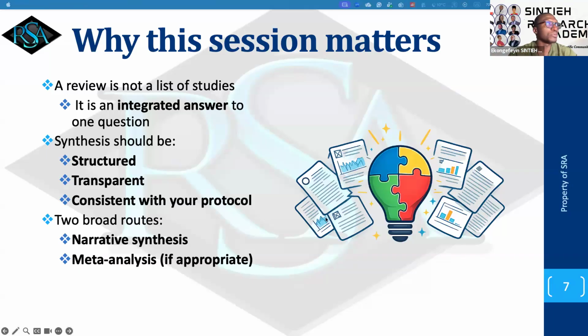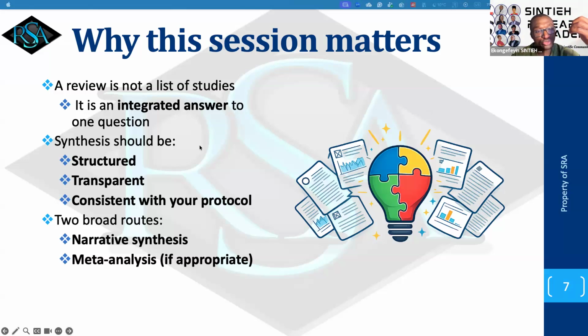So generally, synthesis is a phase where you make sense of everything that you have, right? You have a research question and you have a systematic review you're doing, but you don't just need to have a collection of studies. You need to be able to answer that one question that you asked in the beginning.